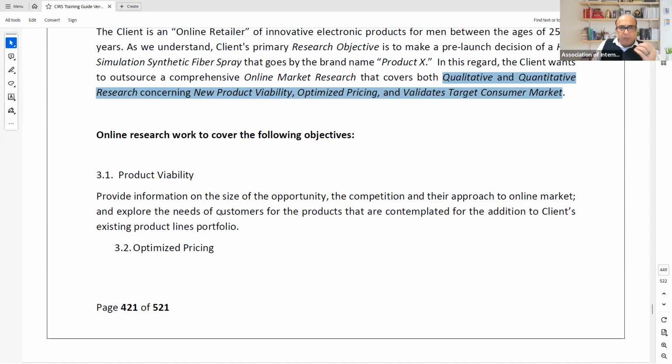The product viability, what does that mean? So you're going to also define the product viability and provide information on the size of the opportunity. When you're delivering a proposal, you want to explain things in more detail, even though you got a broad research assignment, which is not as detailed.